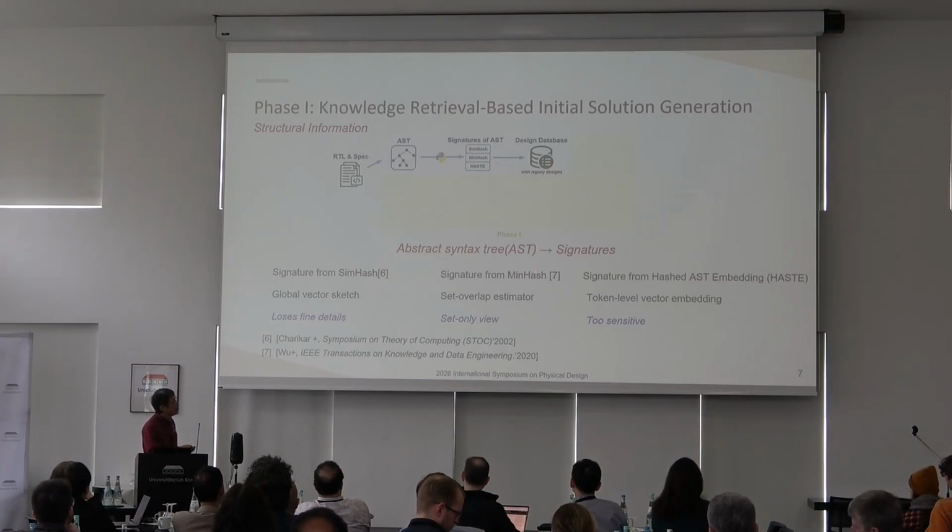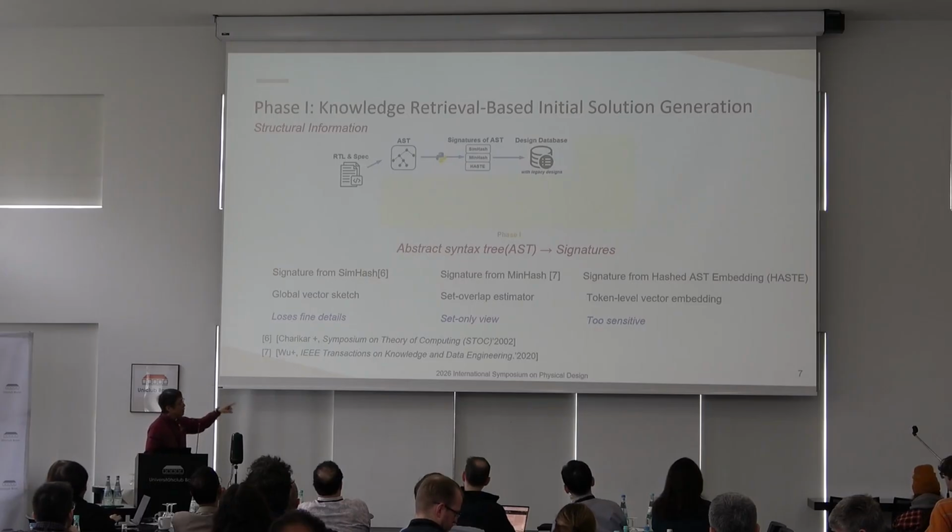This is an internal representation of the HDL. This is a key difference from the previous work. We extract the AST, and we use AST signatures to choose the closest design among the top K candidates.